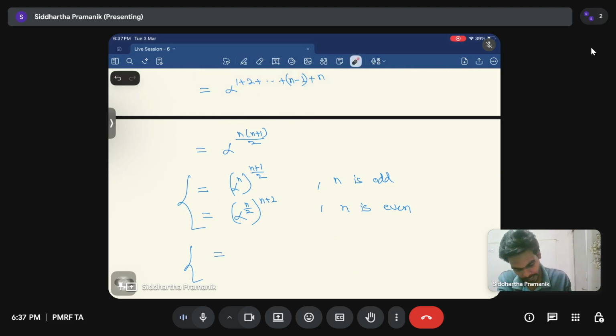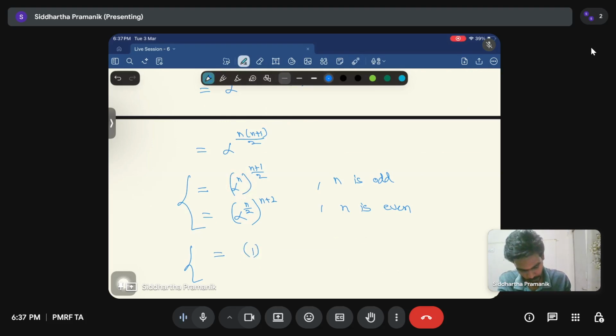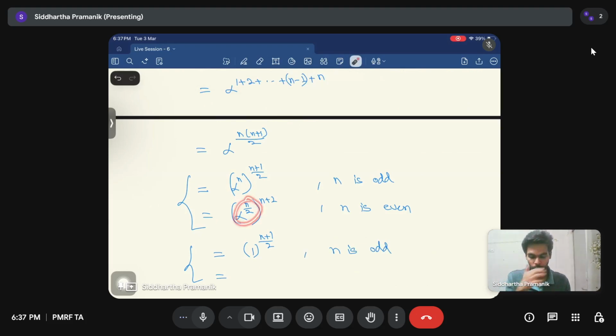So alpha is the nth root of unity. So alpha power n is 1. So this is 1 power n plus 1 by 2 when n is odd. And what about alpha power n by 2? So alpha is a primitive nth root.